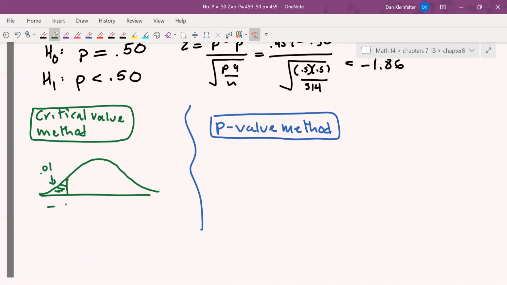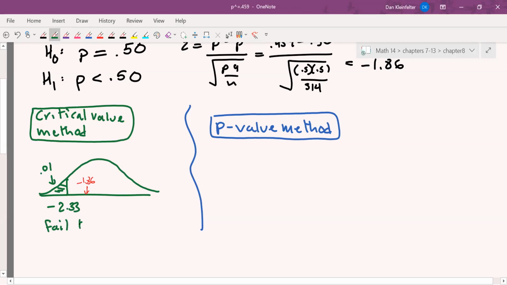Okay, and then our test statistic was negative 1.86, which doesn't fall in the rejection region, so we would fail to reject the H0. All right, p-value method.